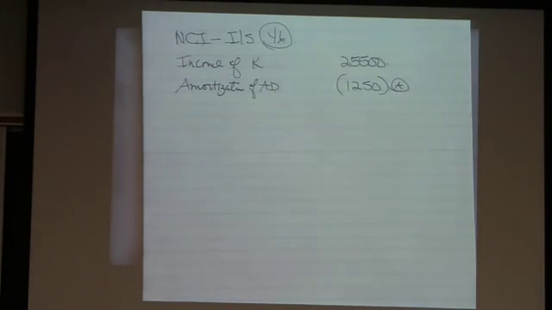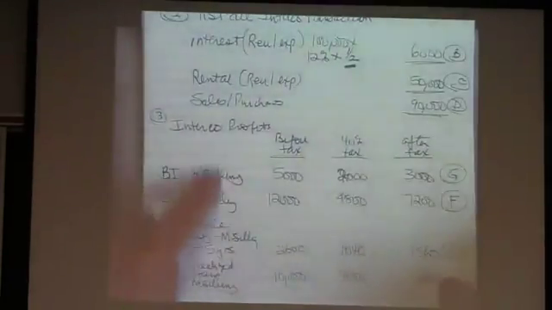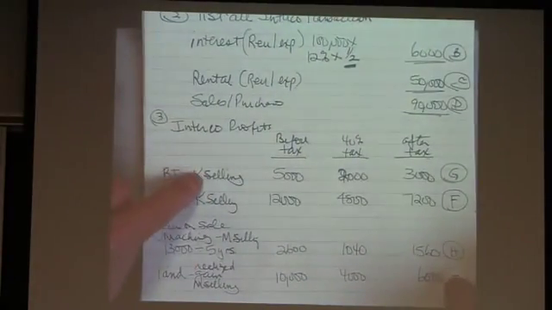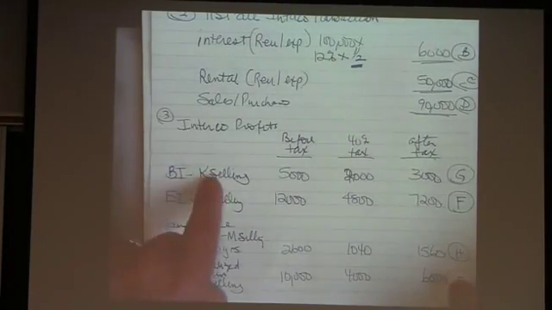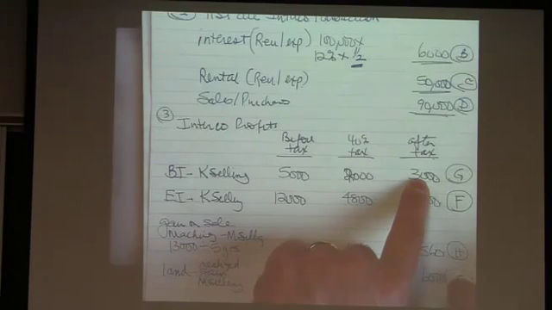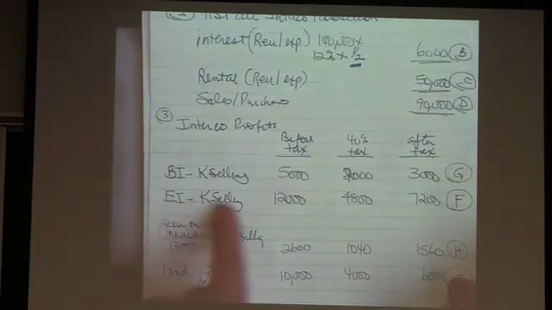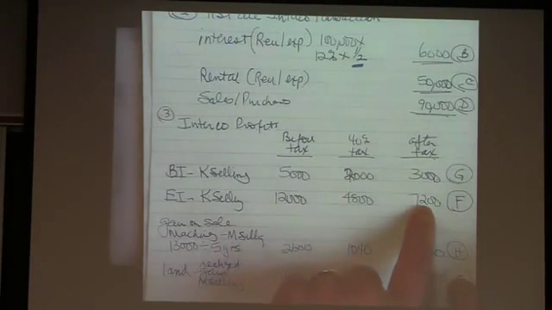Next, I want to look at any profits that K would have recognized. So in this case, we have beginning inventory, K selling, 3,000. That's going to be right. And then the ending inventory, K selling.